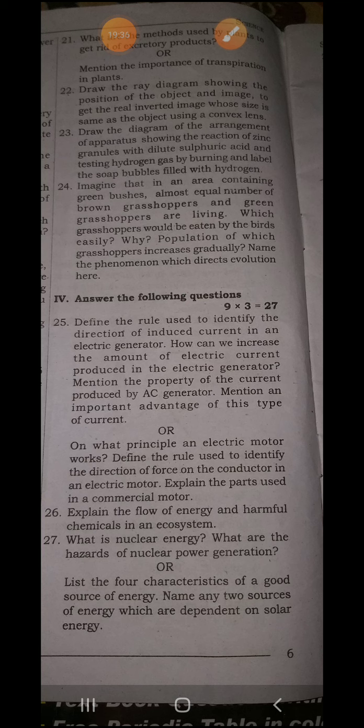Which grasshopper would be eaten by the birds easily? Why? Population of which grasshopper increases gradually? Name the phenomenon which directs evolution here. It is an understanding-based question from biology.